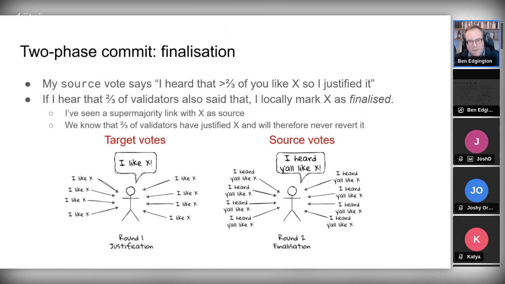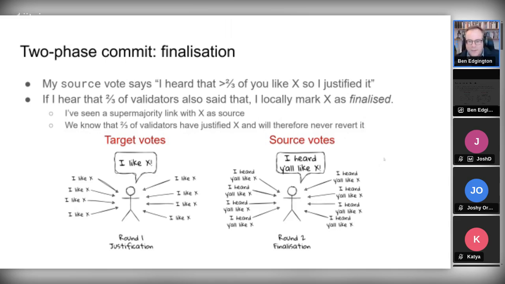Now, they might be lying to me, which is why I need to do the second round and finalize it. If I hear from 2/3 of validators that they have also justified it, then we have this kind of global property, and that checkpoint becomes finalized in the protocol. It's a little more subtle, and I'll show that in a moment.